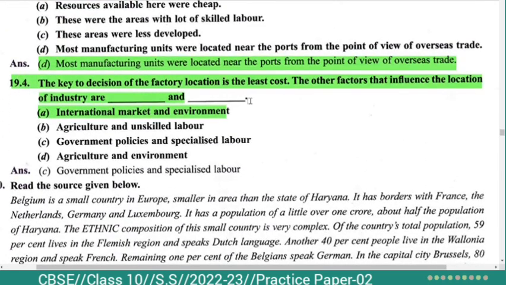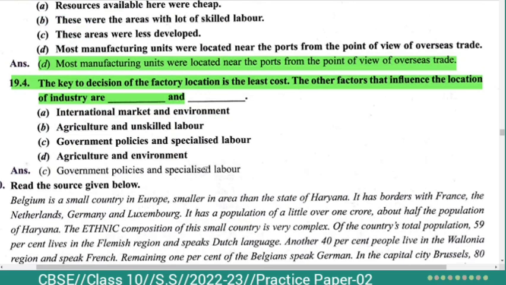Question number 19.4. The key to decision of the factory location is the least cost. The other factors that influence the location of industry are dash and dash. Option A. International market and environment. B. Agriculture and unskilled labor.